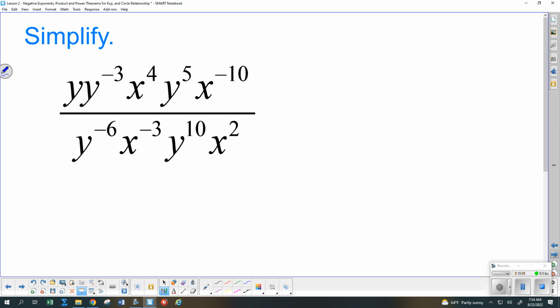Whatever letters I have, I can have each one one time. I do best usually if I kind of change everything to positives, but there are a lot of orders you can do this in. We are also going to always write final answers with only positive exponents.